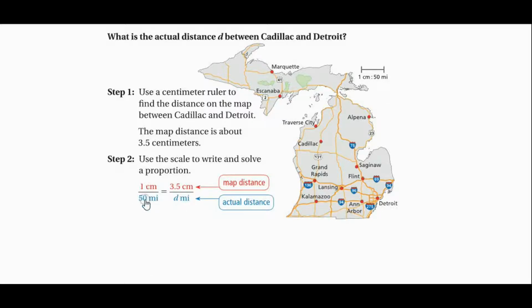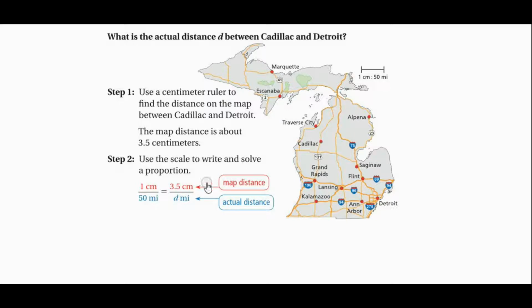So here's our proportion right here. As you can see, our ratio for the scale is right here: 1 centimeter divided by 50 miles. You can see here 1 to 50. As we read this colon right here, we read it as 'to': 1 to 50, 1 centimeter to 50 miles.